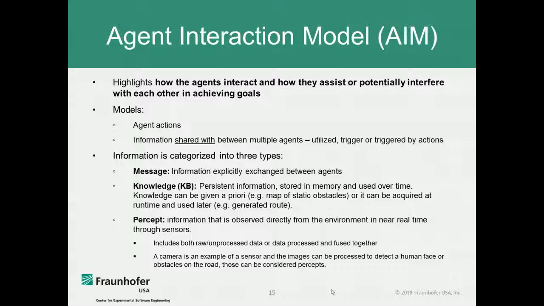So the requirements that you discover in the goal model are assigned to agents, and the agent interaction model is meant to highlight how the different agents of the system interact. It shows the actions that have been assigned to each agent and what information these agents share in order to perform those actions.